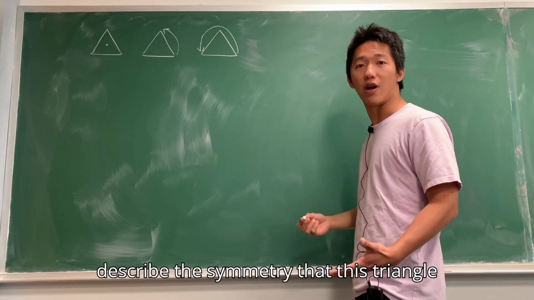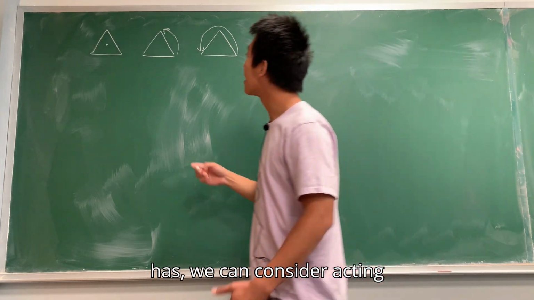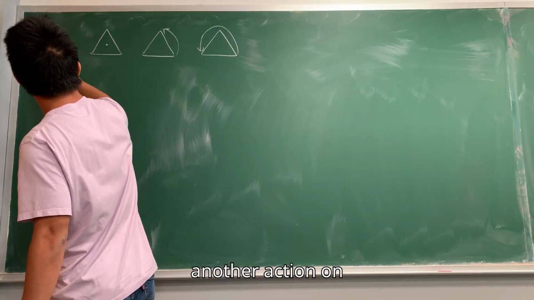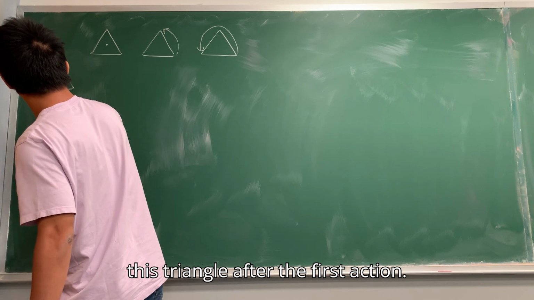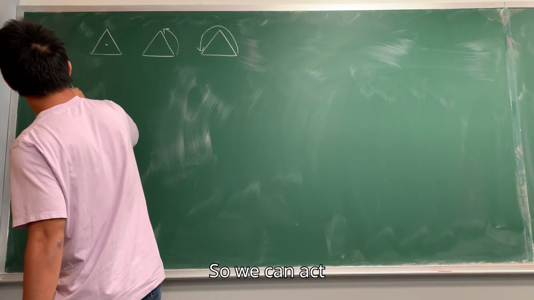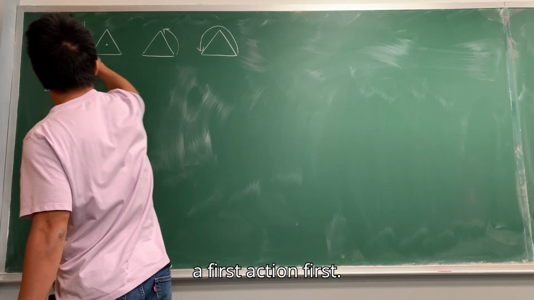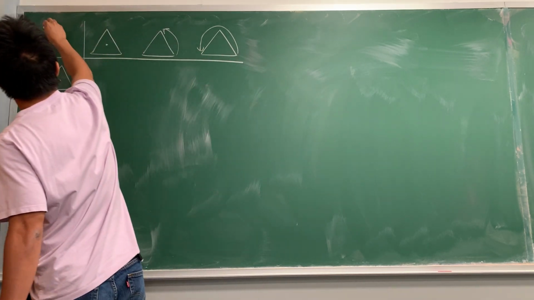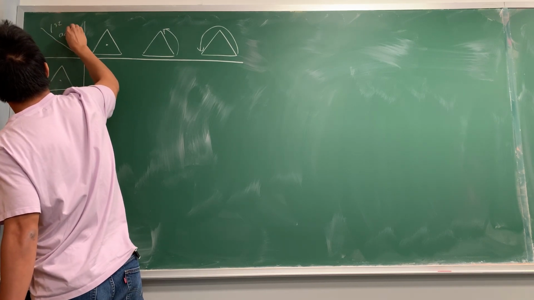To further describe the symmetry that this triangle has, we can consider acting another action on this triangle after the first action. So we act a first action first. This is our first action.